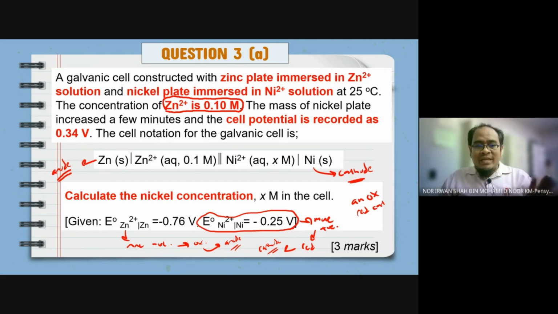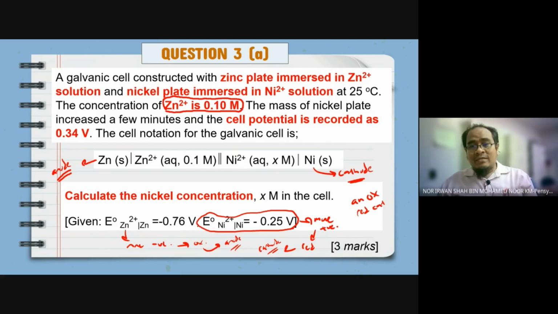Okey, apa ciri-ciri standard condition? Ingat lagi tak? Kalau standard condition, yang pertama sekali kena ingat, concentration of both electrolytes must be 1 molar. Tapi dalam kes kita punya galvanic cell ini, kepekatan dia adalah 0.1 molar.